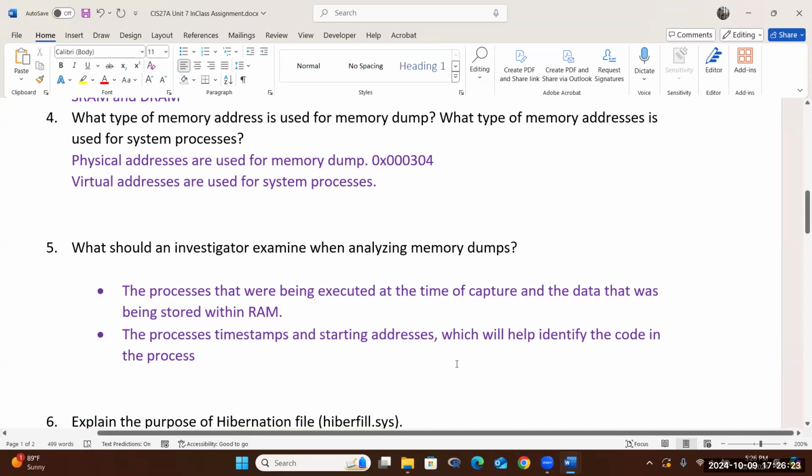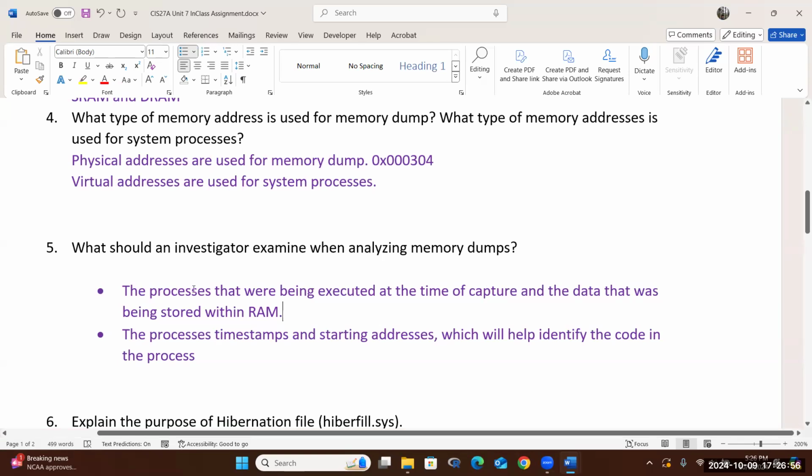You need to make sure that you document this well before you begin performing your investigation. Also the type of RAM the system is using, the size of the RAM, the type of RAM, and sometimes even the model of the RAM. But sometimes you have to open up the system in order to examine that, right?